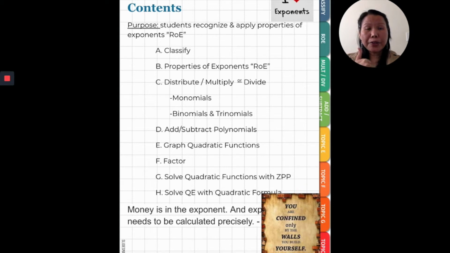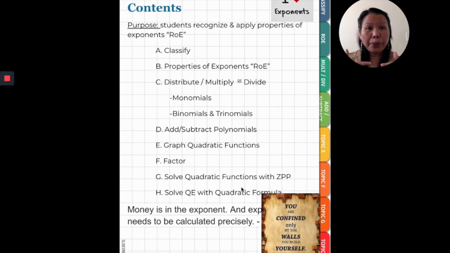We want you to make sure that you can recognize each property of exponents. And then we also want to use the properties of exponents to distribute, to multiply monomials, binomials, trinomials, polynomials, add and subtract, multiply, divide, and graph the quadratic function, because that's what we have when we have exponents on the variable.